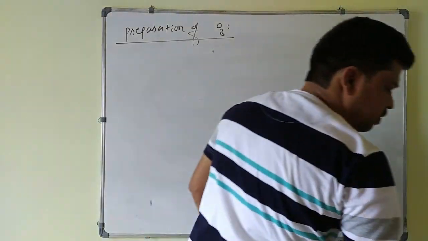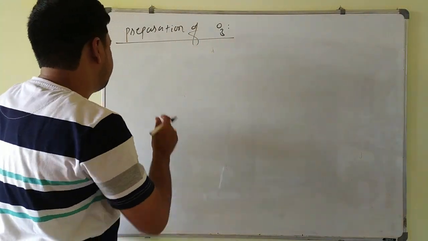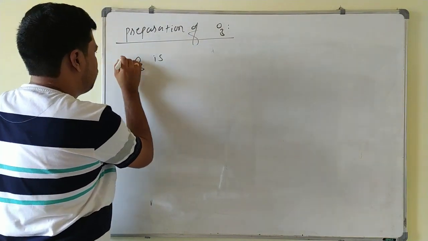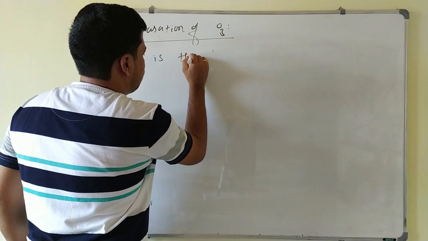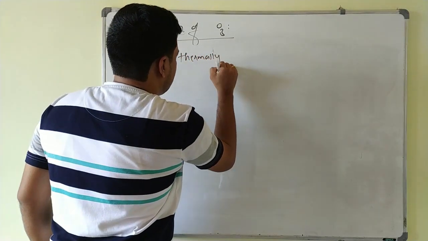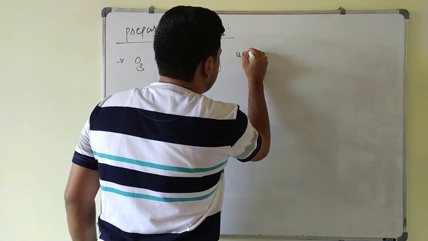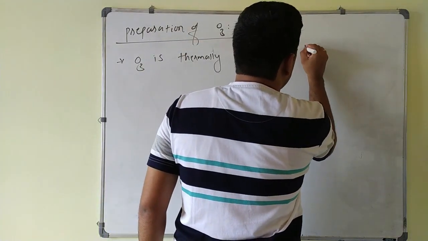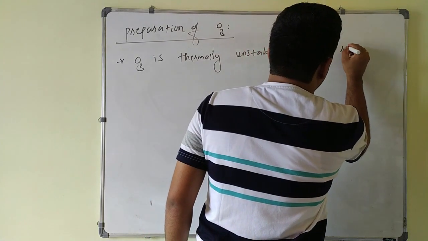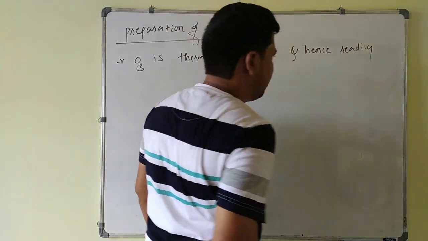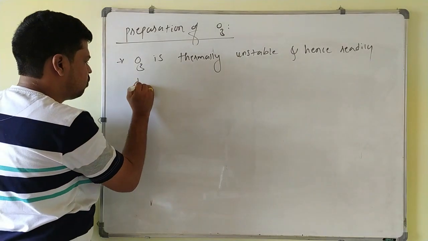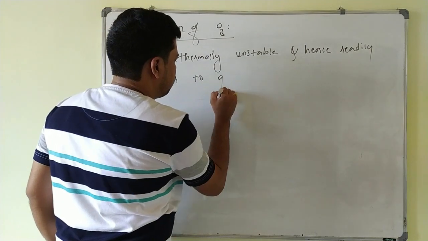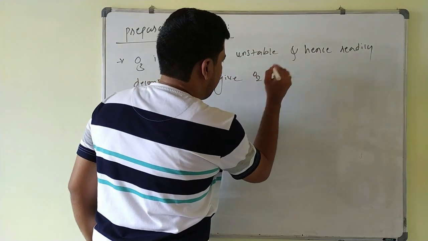Next point. Here O3 is thermally unstable and hence readily decomposes to give dioxygen, that is O2.